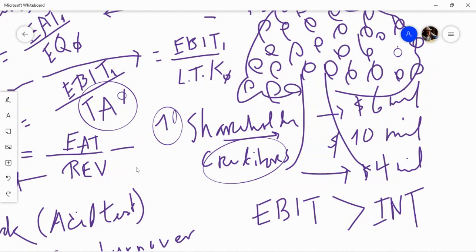Well, first of all, there won't be any profit. There won't be any profit if they default. Why? Think about it. Yep, that's a very good point.